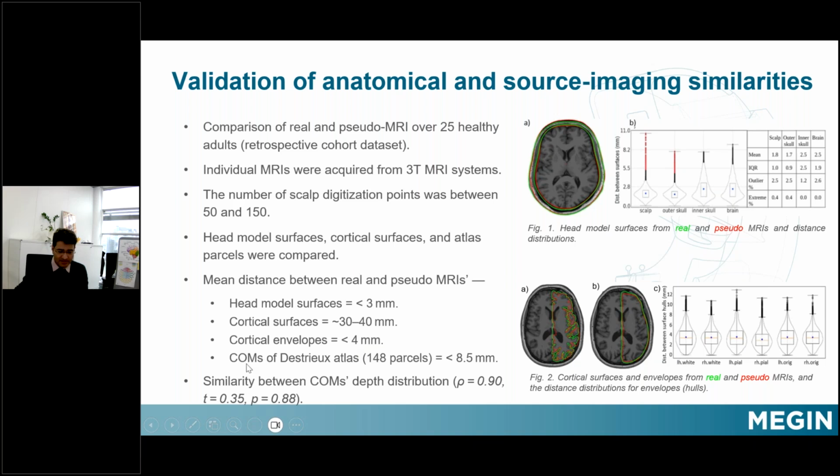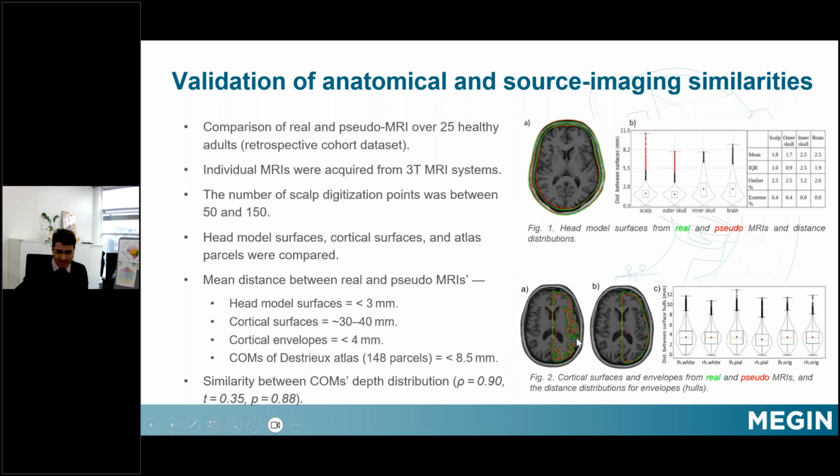We also compared the atlas parcels. We used this Destrieux atlas, and we compared the depth of their center of mass, and their difference was less than 8.5 mm.